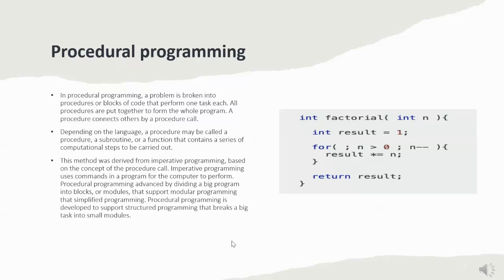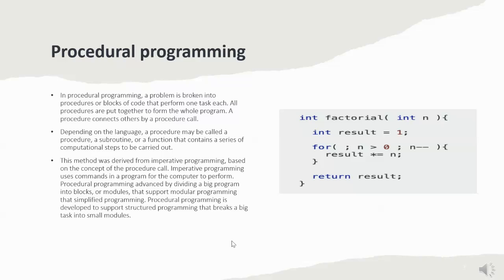This method was derived from imperative programming, based on the concept of the procedure call. Imperative programming uses commands in a program for the computer to perform. Procedural programming advanced by dividing a big program into blocks or modules that support modular programming, the simplified programming.